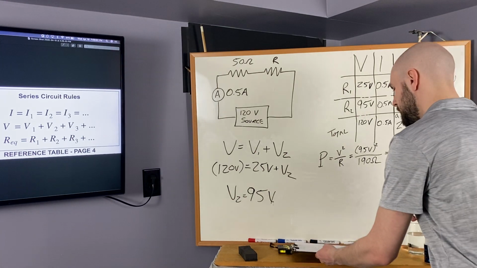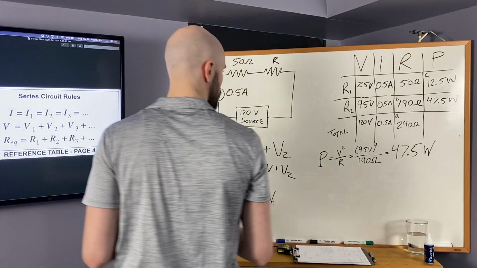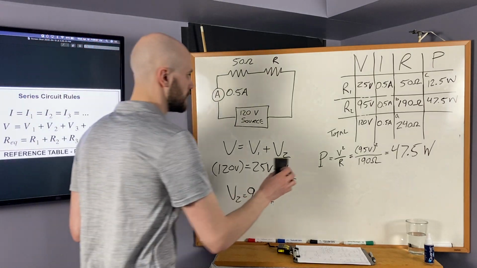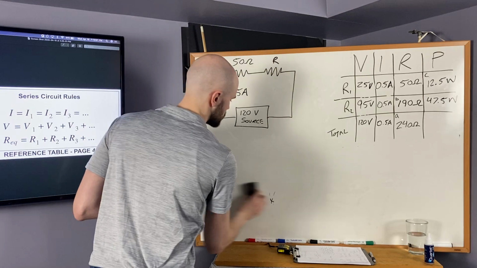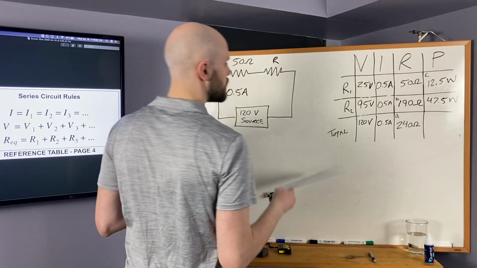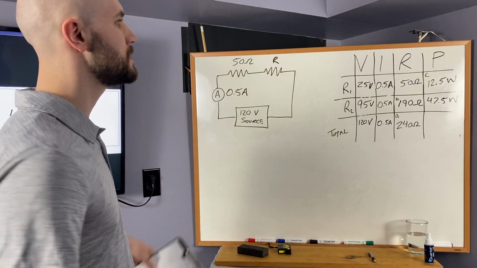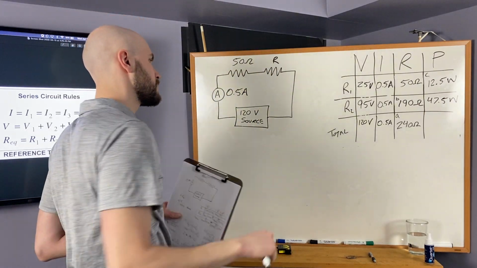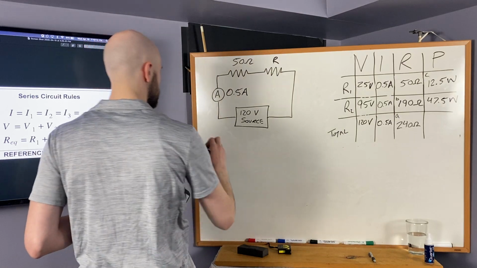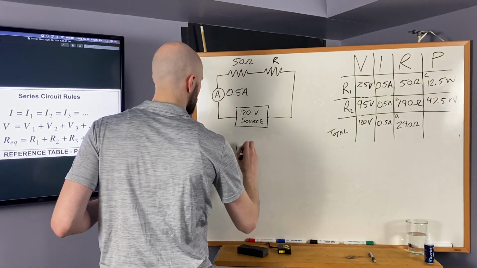Okay, I'm just going to clean this up and erase what I don't need. Finally, we want the total power dissipated by the circuit, the power dissipated here and the power dissipated here. Let's use our nice easy relationship. Power is equal to voltage times current.